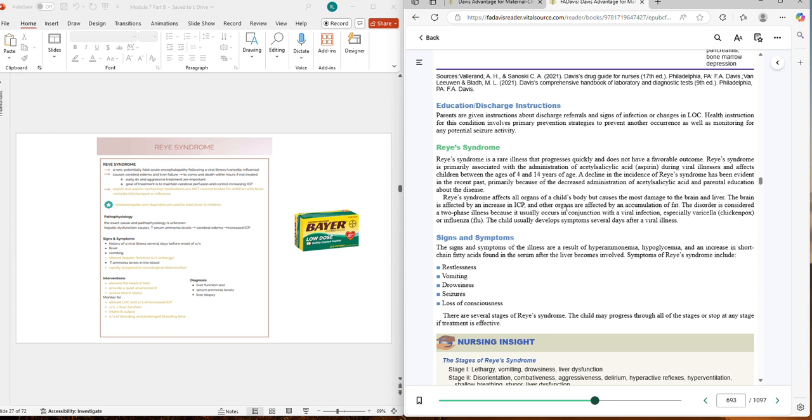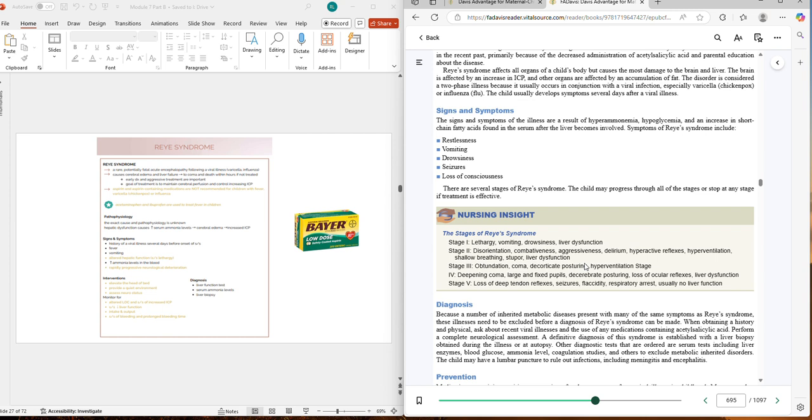It's associated with viral illnesses, you know, people giving kids the aspirin if they have a fever or whatever, but symptoms include hypoglycemia, short chain of fatty acids, restlessness, lots of seizures, vomiting, loss of consciousness. So you need to educate your parents when they're coming into a peds clinic. Make sure that they understand not to ever give aspirin, okay?